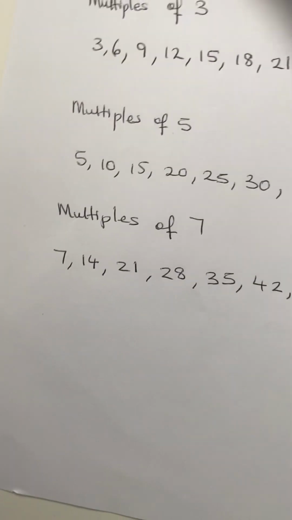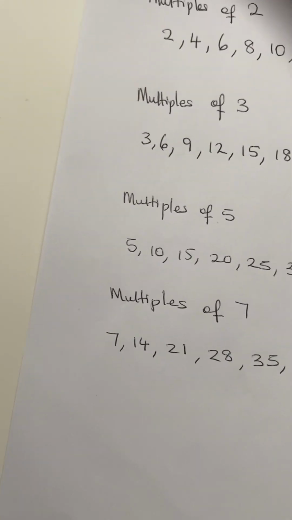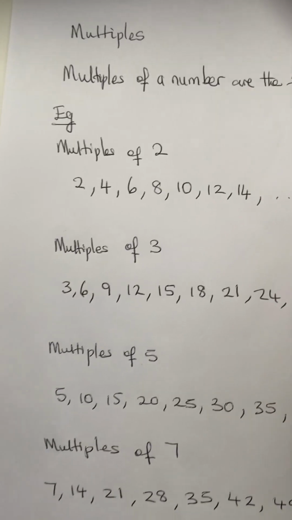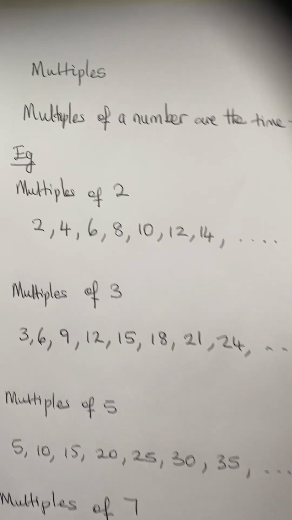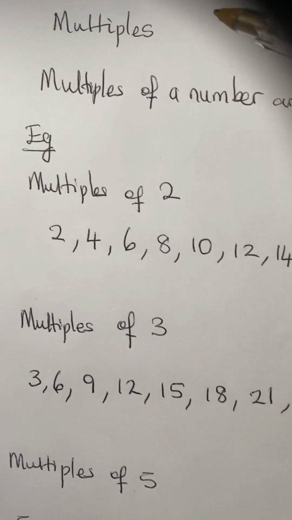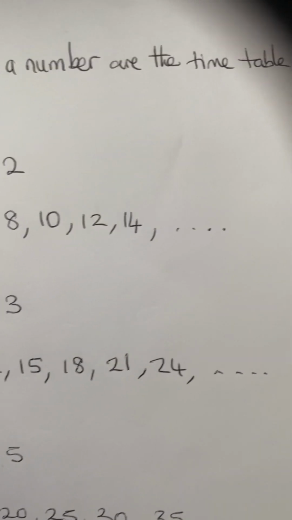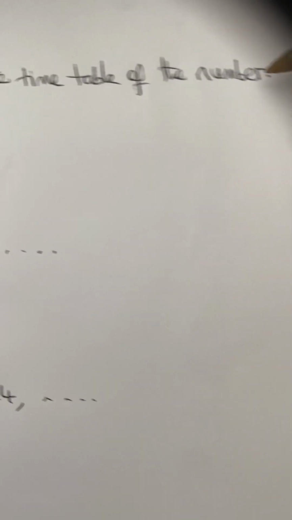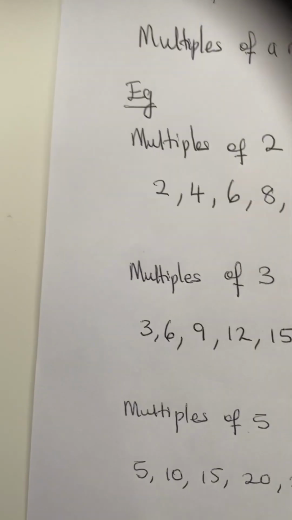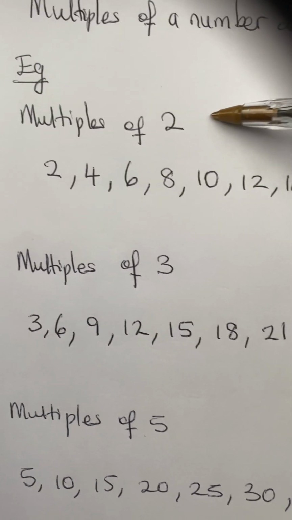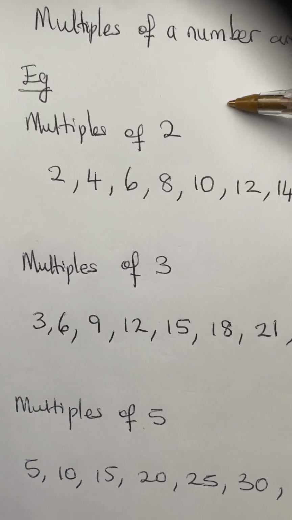All right, I would like to quickly talk about multiples. Okay, I mentioned earlier about times table. Multiples here of a number are the timetable of the number. So if they say, for example, multiples of 2, list the multiples of 2.